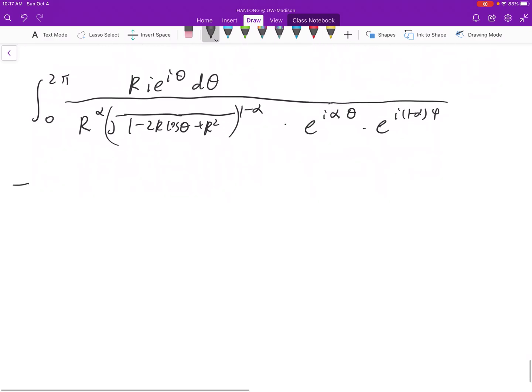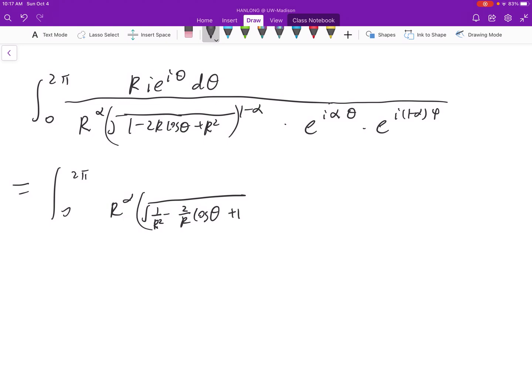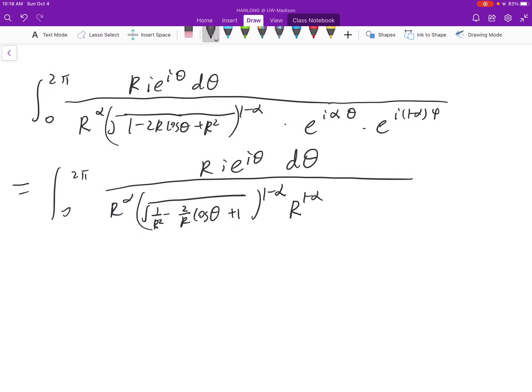And now for the angle, you do a little bit of trick. For everything else, I can factor out R. So 1 over R squared, 2 over R plus 1 to the 1 minus alpha, R to the 1 minus alpha, R I e to the I theta d theta.